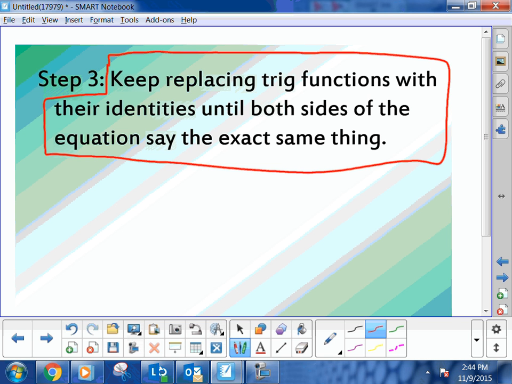The only thing I would add is you may have to restart several times. But this is, in essence, how to get an answer. To arrive at your solution, you've got to keep on replacing trig functions in a manner that's going to get you down to where they both equal. That's our goal.